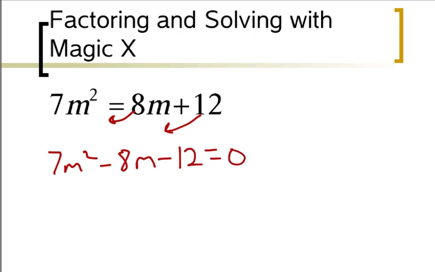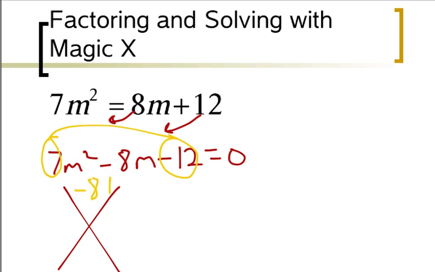Then we go back and do our magic x like we did before. So we're supposed to take the first number times the last number. That should give me negative 84. And then I get negative 8 on the bottom. So same number on the top, but we just have to work through figuring out what makes a negative 8.